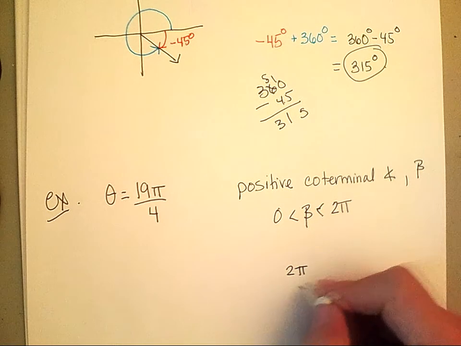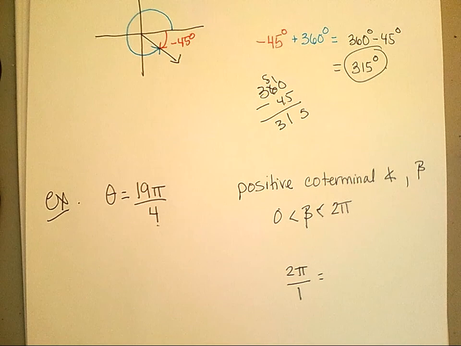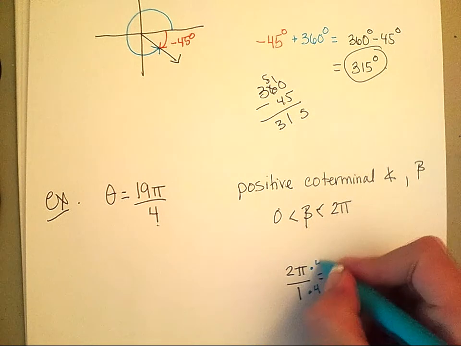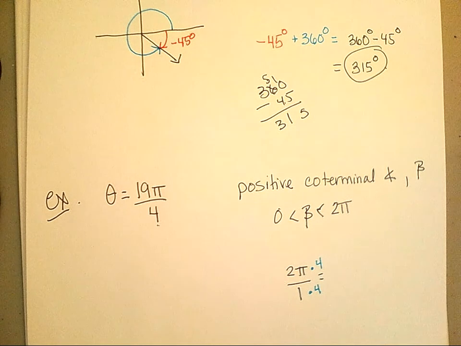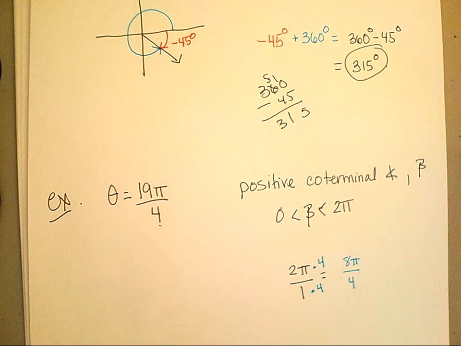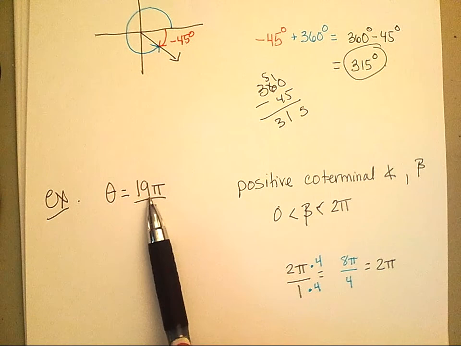Well, let's think about what 2 pi is. 2 pi over 1. Let's think about that in terms of fourths. So what we'd have to do is get a common denominator. So we see then that 8 pi over 4 is equal to 2 pi.